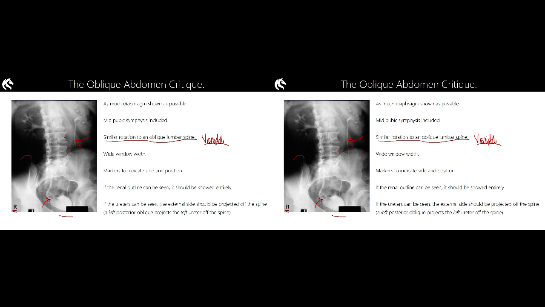If this were a patient having a hysterosalpingogram, it might show the origin point, the adnexa, I think, of the left fallopian tube quite well, for example. So, if the ureters are to be seen, the ipsilateral side should be projected off the spine, but the converse is true for the VUJ.